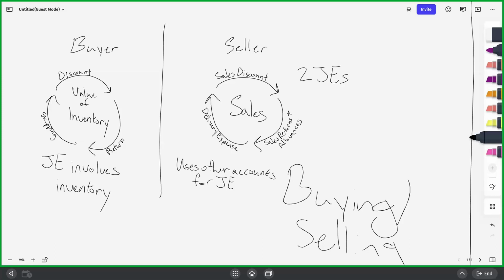Not only that, but you use 2 journal entries whenever you're selling and whenever you're dealing with returns, because whenever you're selling, you have to consider 2 different things. One is, how much profit have we made? And another is, how much inventory did we lose? Because the value of your profits and your inventory are going to be 2 completely different things, unless you don't want to make money.